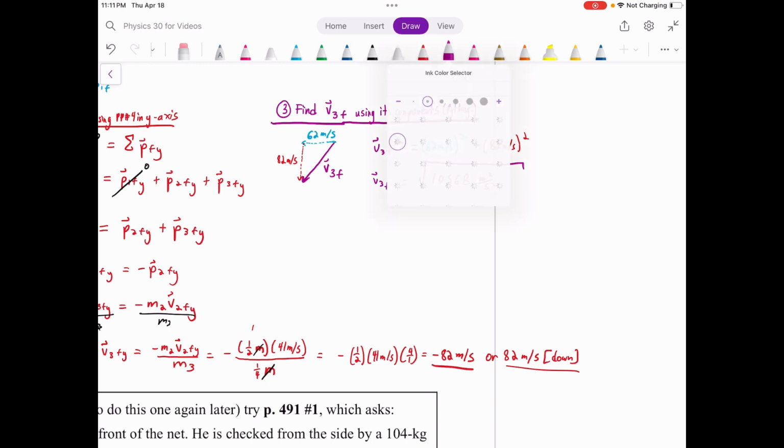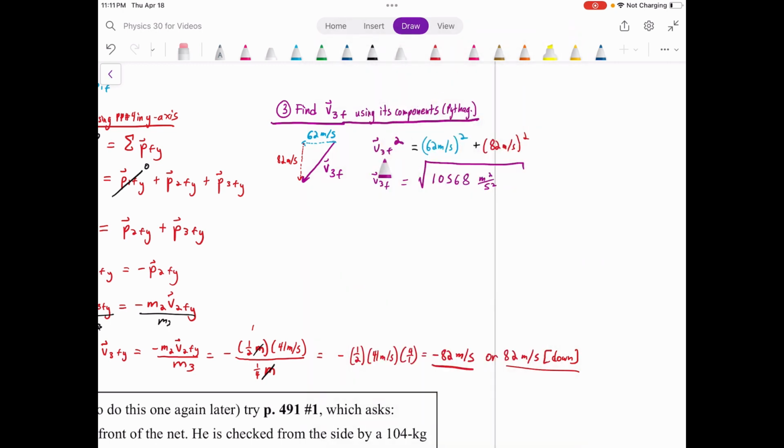And then to square root them, because remember, we don't want V3 final squared, we want V3 final. So square rooting both sides, that gave me that V3 final, how fast object 3 was moving, is 102.8008 meters per second, right?